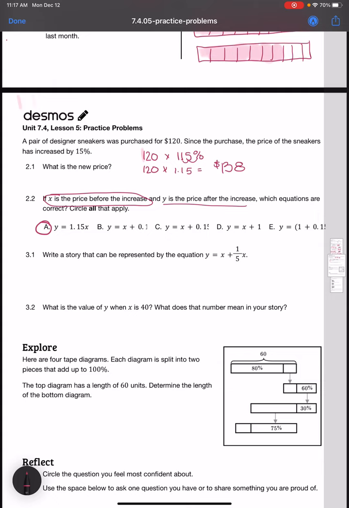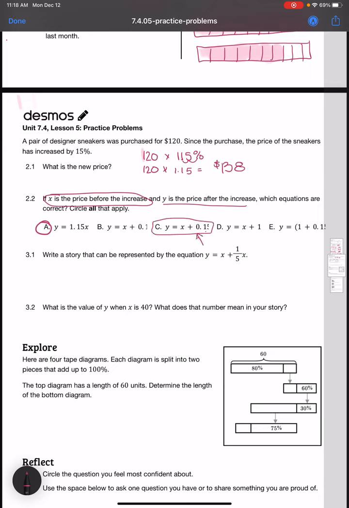Then I'm not adding anything, but let's see. My new price, so $120 plus 0.15. I think I'm missing part of this equation here. I think this one is going to be correct.